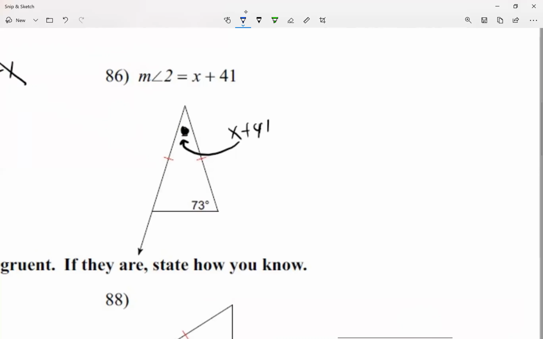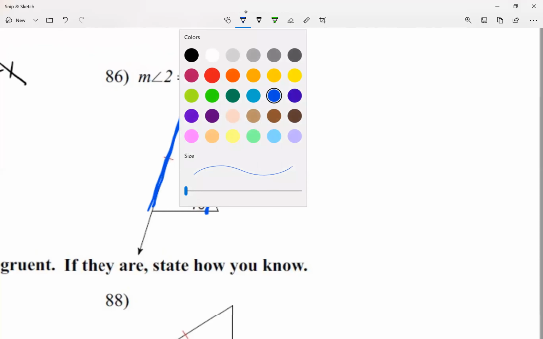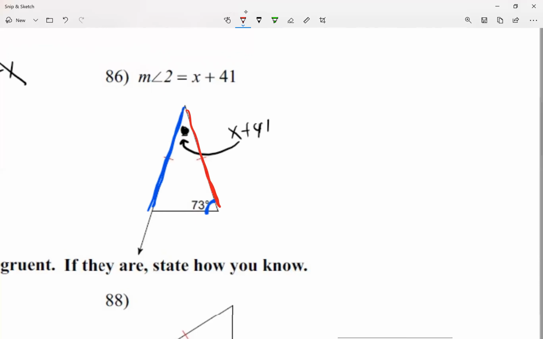There are two sides that are marked. This side is marked. That side goes with this angle, right? Opposite angle, right? Farthest away. There's another side that is marked. This side. And that one goes with this angle, right? Opposite angle. The two angles that I marked are equal. The blue angle is 73. I'm going to say the red angle is also 73.